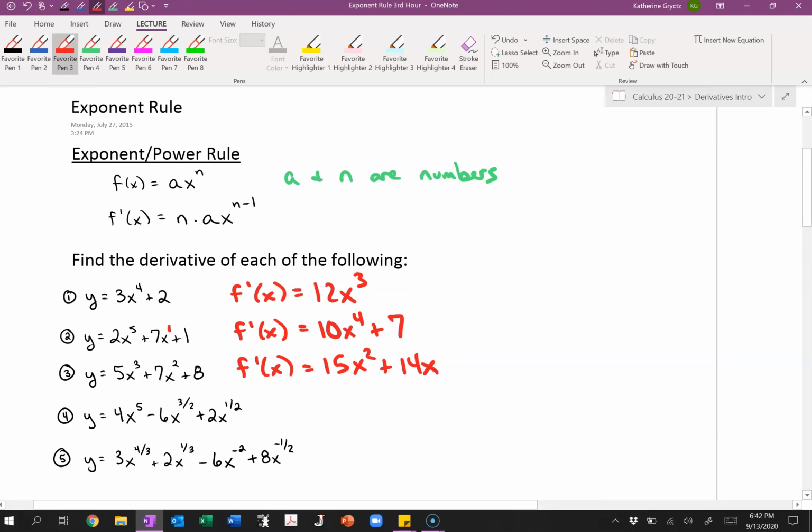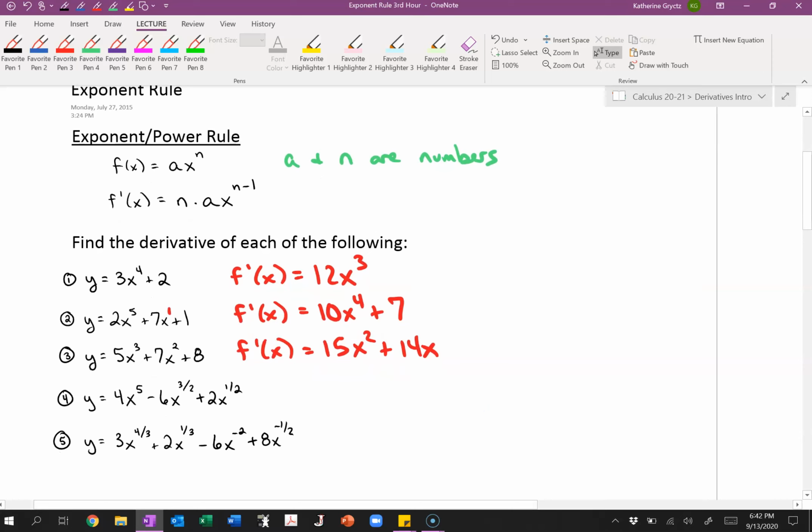So these are more common things that we see, but there's all kinds of exponents, and they can be any number at all. It doesn't have to be an integer, it doesn't have to be a whole number or anything like that. And so we start seeing the same process when we see fractional exponents or negative exponents. We're still going to follow the exact same thing. So for number 4, we would have 20x to the fourth minus, and then we would multiply 3 halves times 6 and get 9, x to the, and we would subtract 1 from 3 halves.